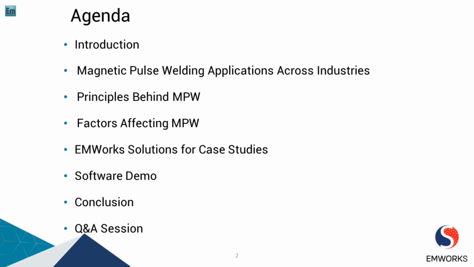Later we'll introduce you to EMS for SolidWorks and will demonstrate how it can be effectively utilized in the analysis of magnetic pulse welding. Later I will summarize the key takeaways from today's discussion, and lastly we'll open the floor for any questions or discussions you may have.